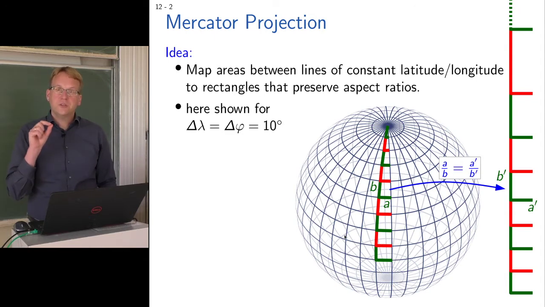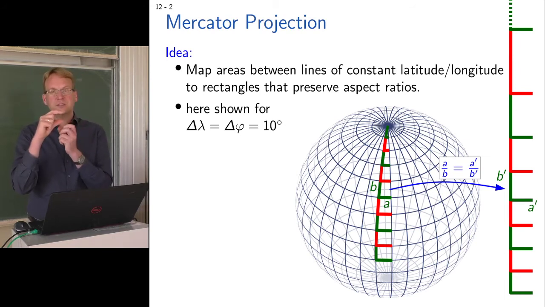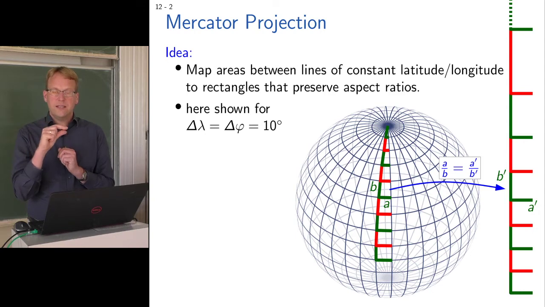If you want to construct the Mercator projection accurately, then you would need to do this for a finer grid, not 1 by 1 degree, but even smaller, and actually choosing this spacing infinitely small. Then you would have the correct construction of the Mercator projection.